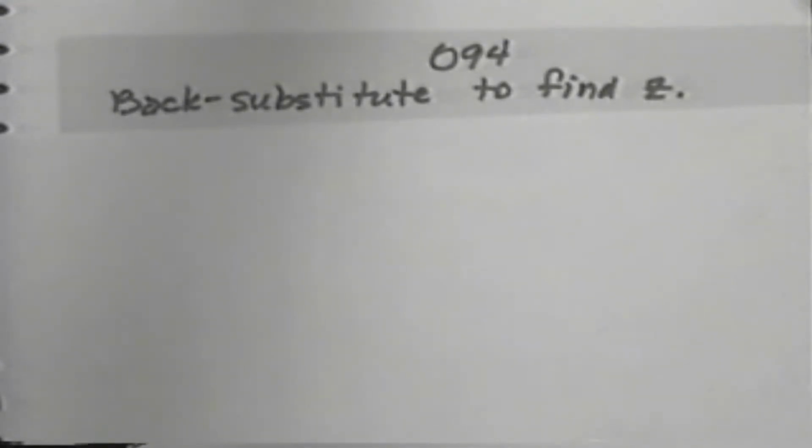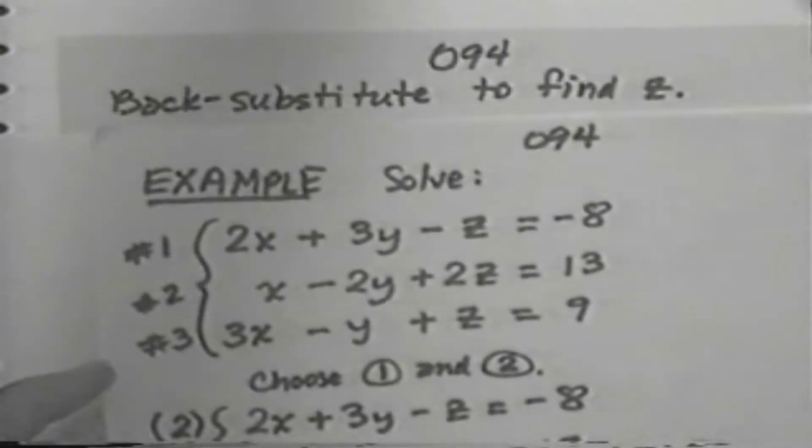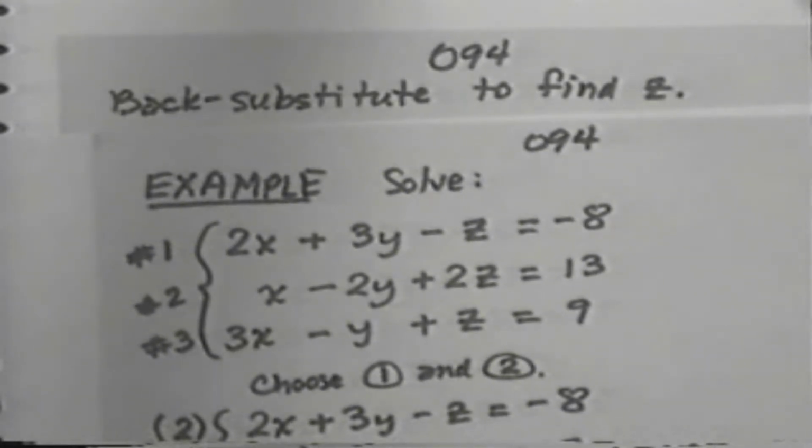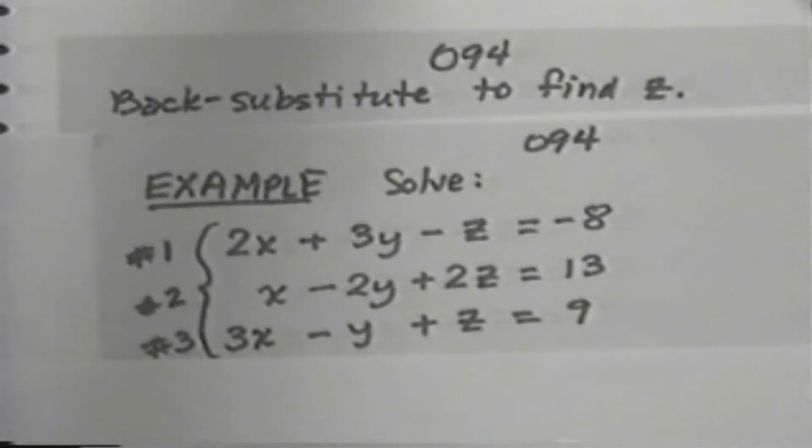Let me put back up here on the screen the original system. The original system was 2x plus 3y minus z equals -8, x minus 2y plus 2z equals 13, 3x minus y plus z equals 9. Which of these do you think would be easiest to use to find z?